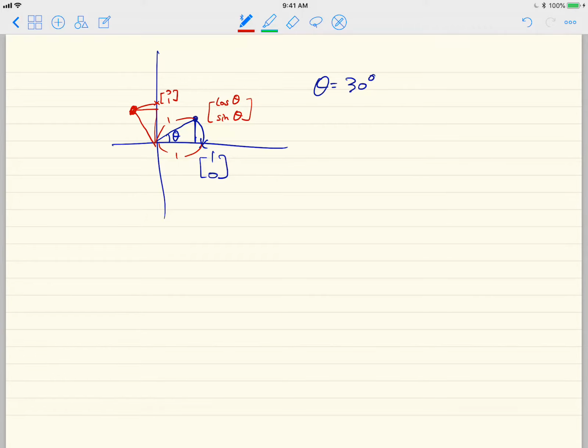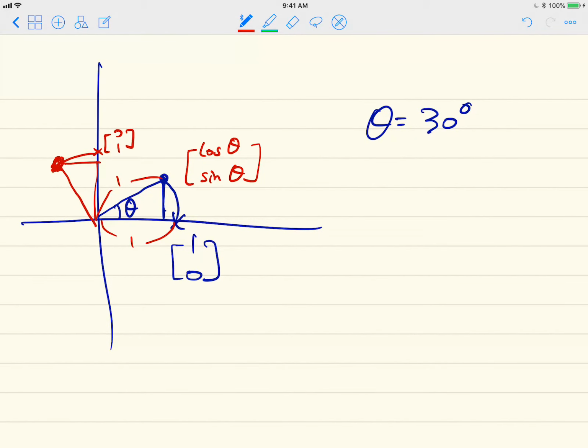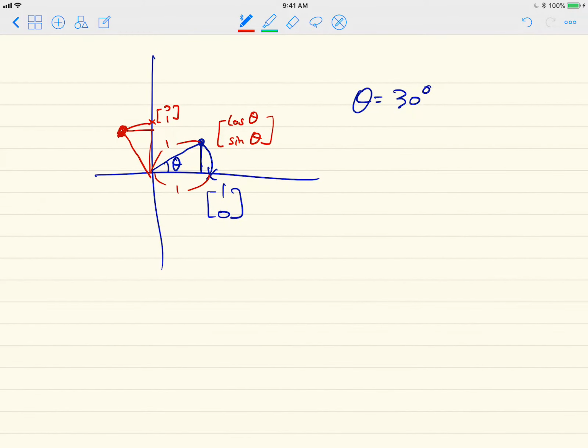Back to this rotation thing, let's think of this rotation from another perspective: not rotating your point, but rotating your axes.